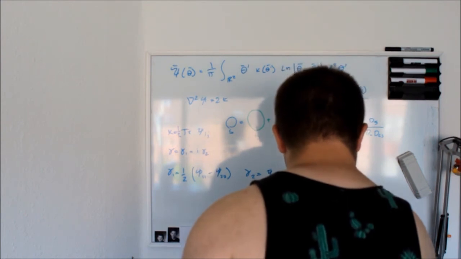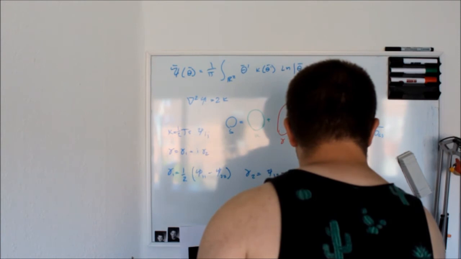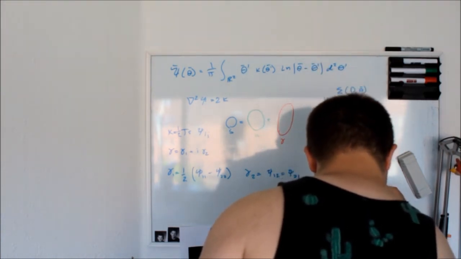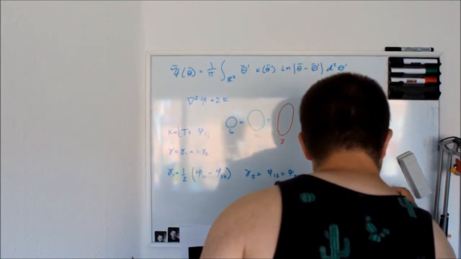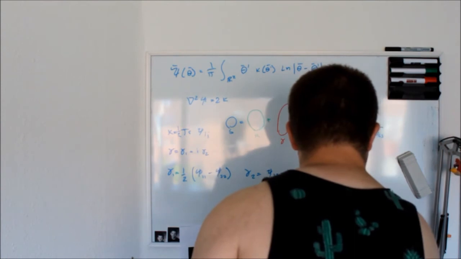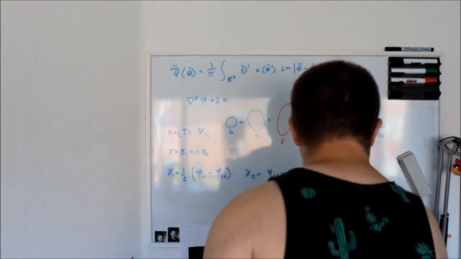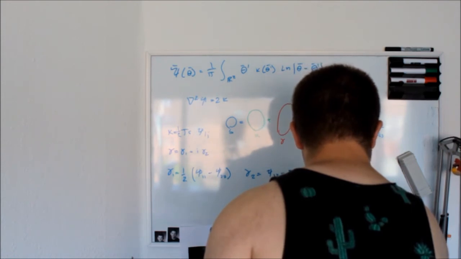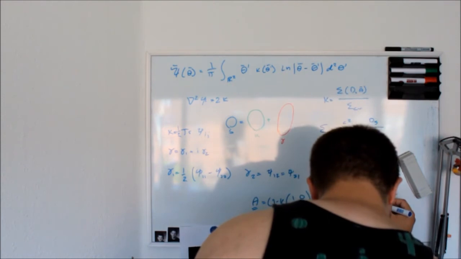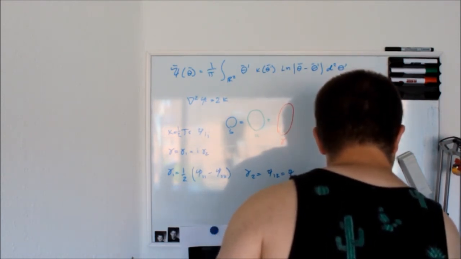minus gamma, cosine of 2 phi, sine of 2 phi. Just have to check. This is also 2 phi. Then you have sine of 2 phi, and then you have, I think it's minus cosine, yes, minus cosine of 2 phi.